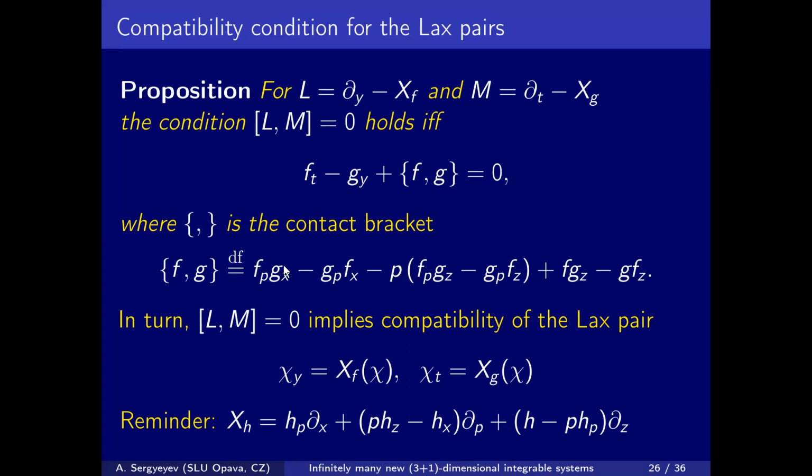The bracket involved is sometimes referred to as the contact bracket. If this commutativity condition, the commutator of L and M equal to 0, holds, then it implies the compatibility of the associated Lax pair.